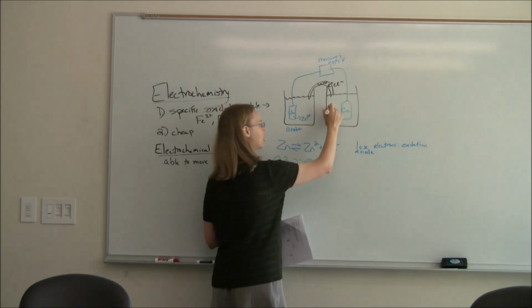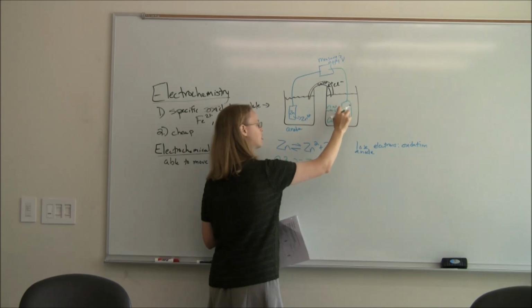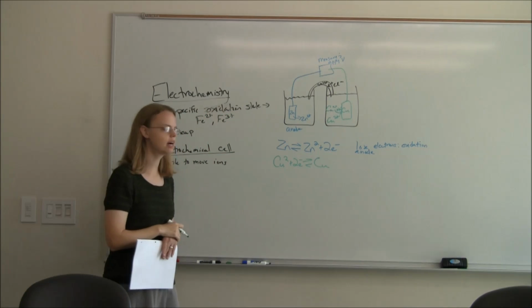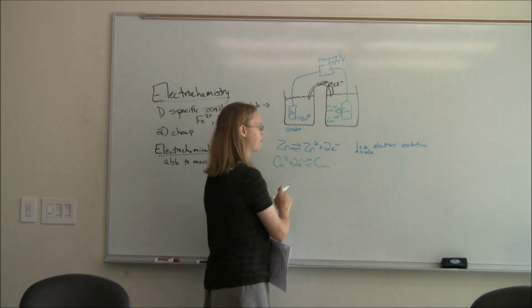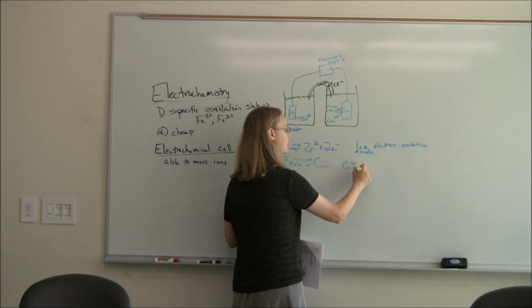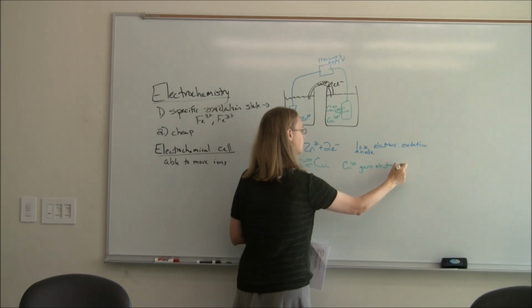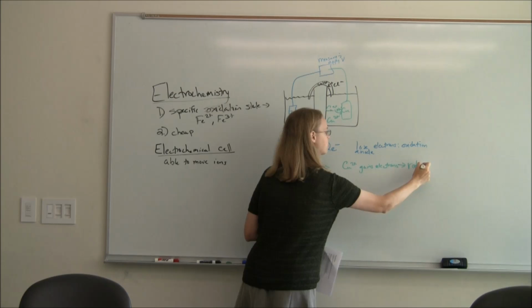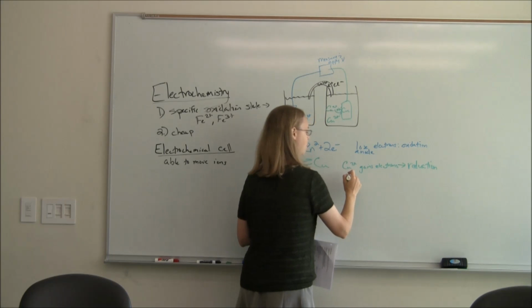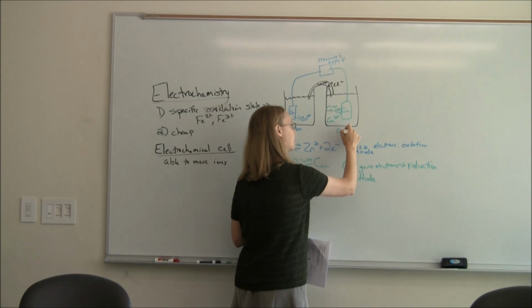And the copper 2+ ions are going to go to the electrode plus 2 electrons and form plated copper onto the copper electrode. So in this case, the copper 2+ gains electrons. That's a reduction. And that, we say, takes place at the cathode. So this is the cathode.